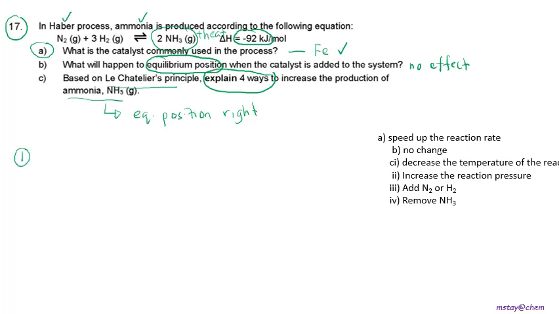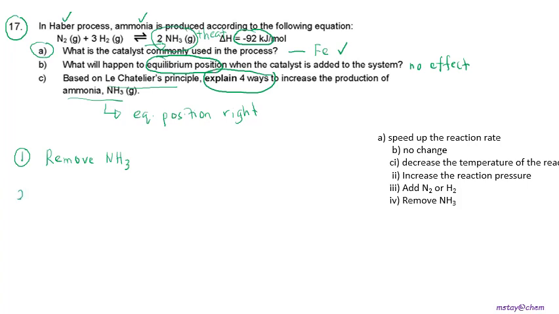If we want to produce more ammonia, then we can remove ammonia. If we remove the ammonia, the system will oppose by producing more ammonia and shifting to the right.